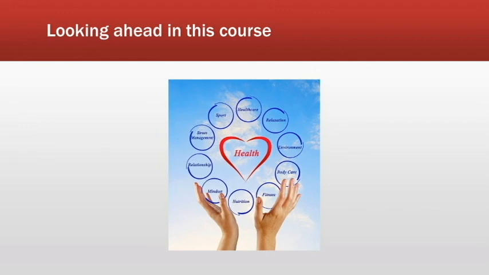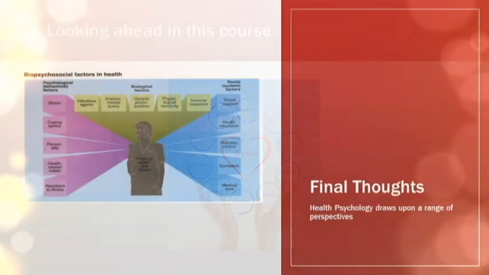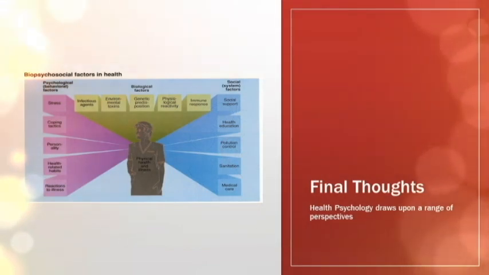What health psychology draws upon for its theory is really a range of psychological perspectives. So, for example, it uses learning theory when it's emphasizing the associations and modeling. It looks at social cognition theories with their emphasis on beliefs and attitudes.